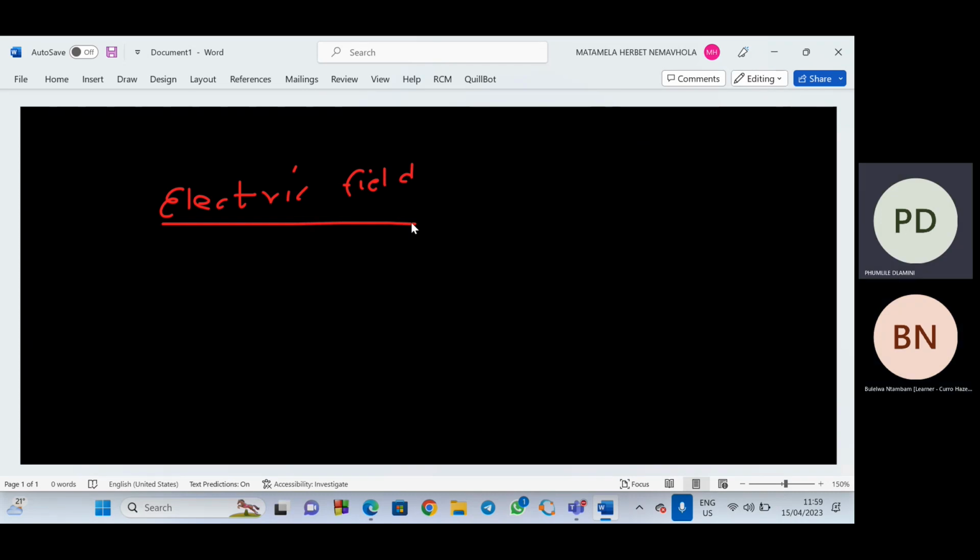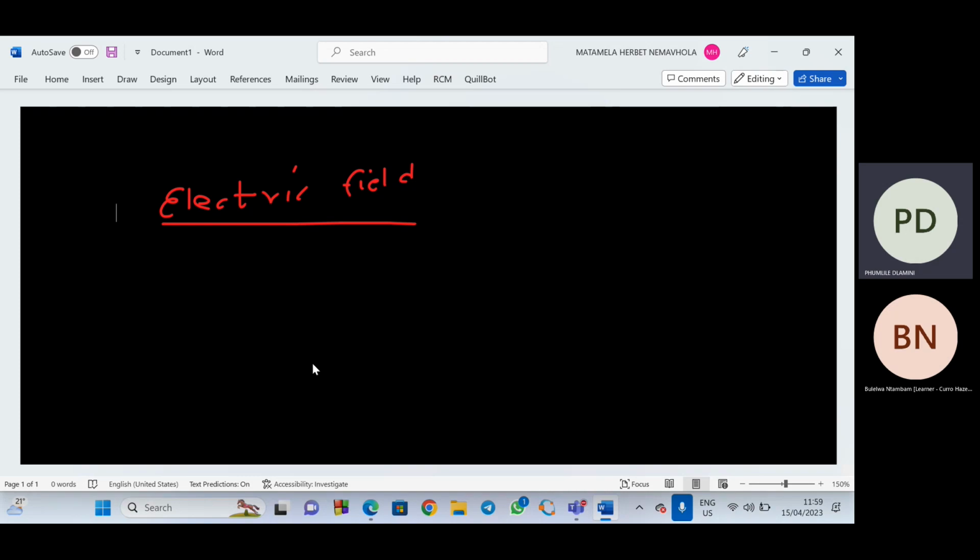So we're going to do electric field. An electric field is a region of space around a charged object where a test charge experiences an electric force.